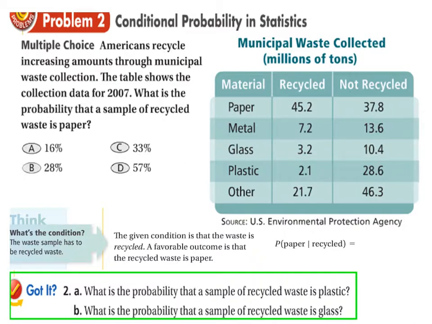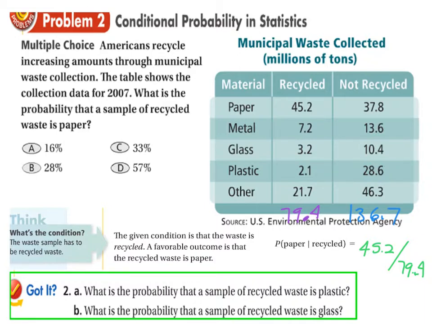Again, I'll go ahead and fill in my totals, so those will pop up there. All right, so I've got my totals, at least for the columns there. And what we're really looking at in this one is the probability that what we end up with is paper, given that we're looking at recycled. So that means we only look at the recycled column, and we end up with 45.2, which is the amount of millions of tons of recycled paper out of the 79.4 millions of tons of total stuff that's recycled.